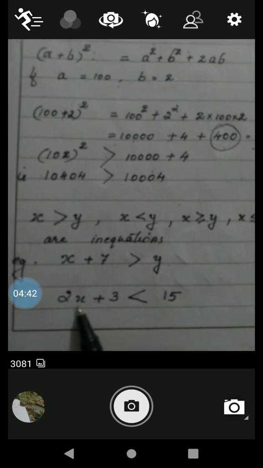The same thing, no? Therefore, 2x plus 3 minus 3, at the same time 15 minus 3. Or this 3 can be transposed from here to the right side. We get 2x is less than 15 minus 3, which is 12. 2x is less than 12.